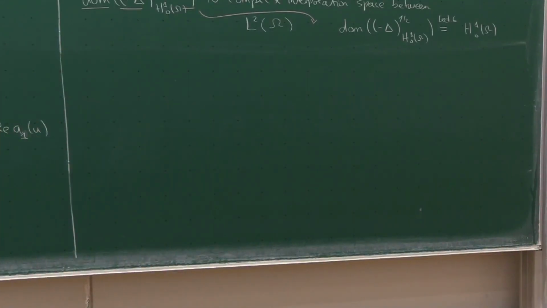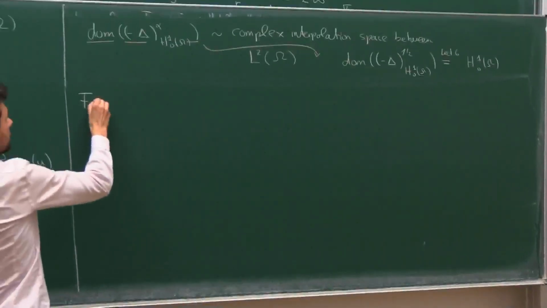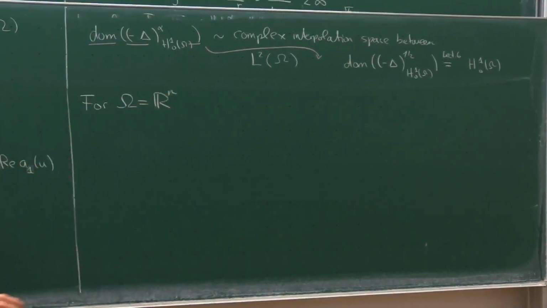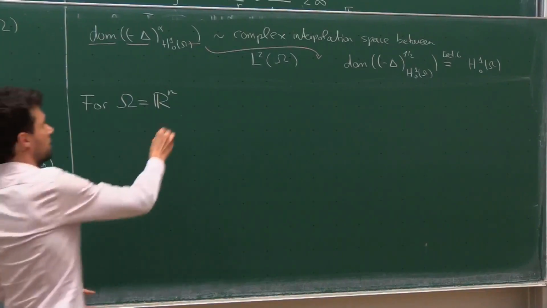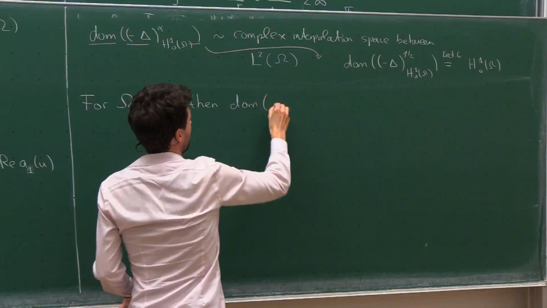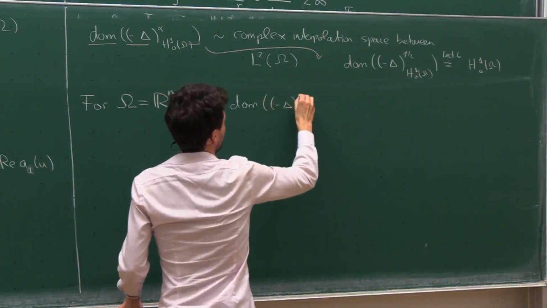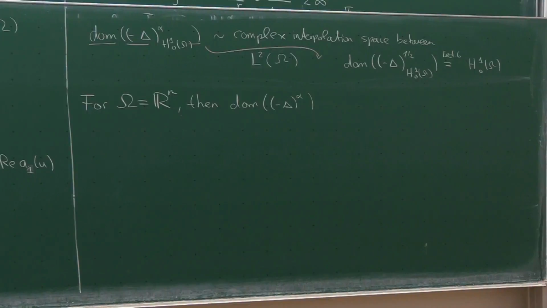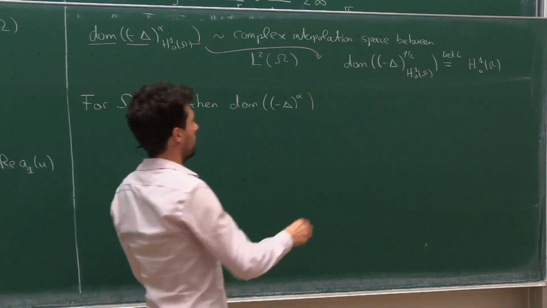You can also go one step further, because if omega is all of Rn, this is the case that we treated in lecture 4 for the Laplacian. We determined the domain of the negative Laplacian on all of Rn.